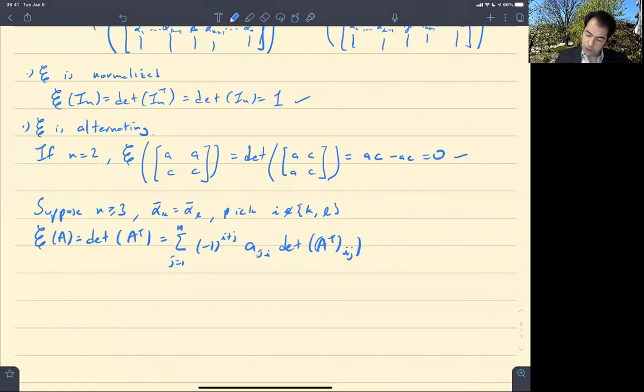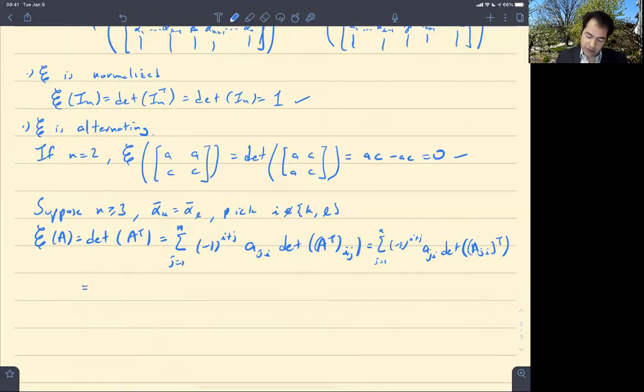And that's equal to the sum, j goes from 1 to n, of (-1) to the i plus j, a_ji, determinant of A_ji transpose. Right, so if you delete the ith row and jth column from the transpose matrix, that's the same as deleting the jth row, ith column of A and then taking the transpose.